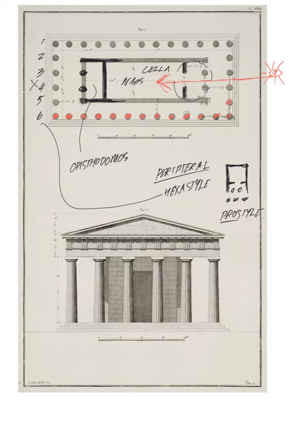First is the arrangement of the columns in relation to the naos, in this case peripteral, and then the number of columns on the short end of the temple, in this case 6, therefore a hexastyle. So it's a peripteral hexastyle Doric temple.